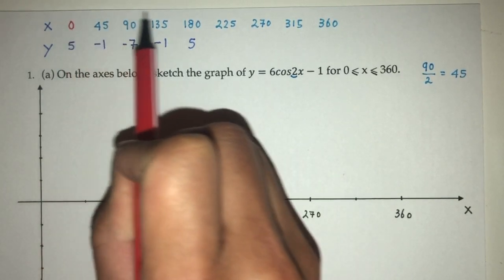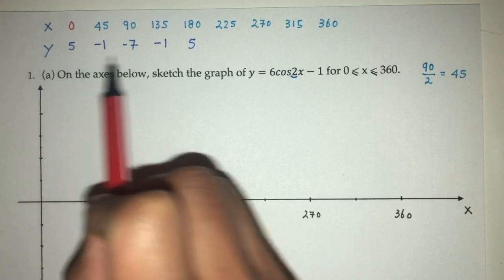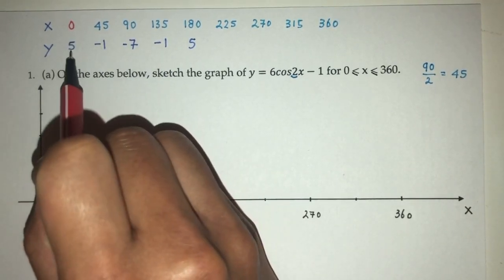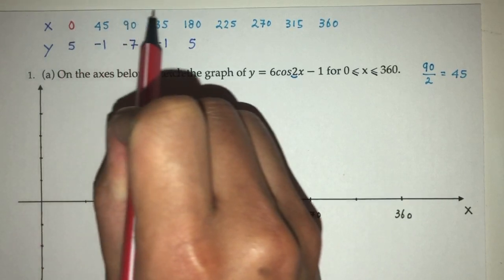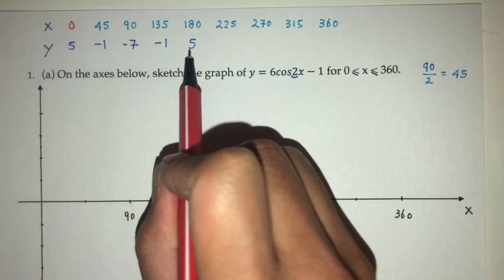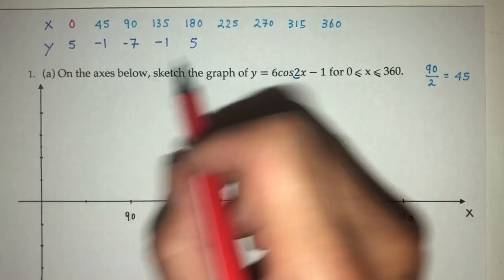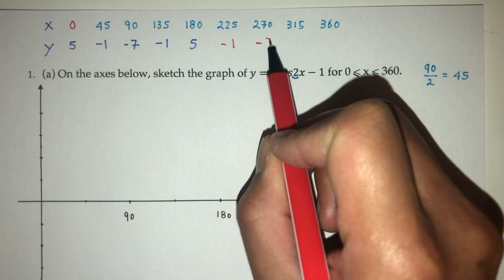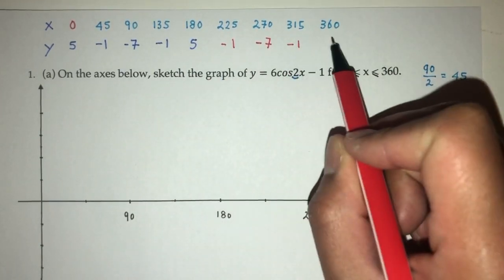It took 180, which means that the period is 180. So one cycle takes 180 degrees, and it will be repeating itself for the rest of these values. So here we have 5, minus 1, minus 7, minus 1, and 5.